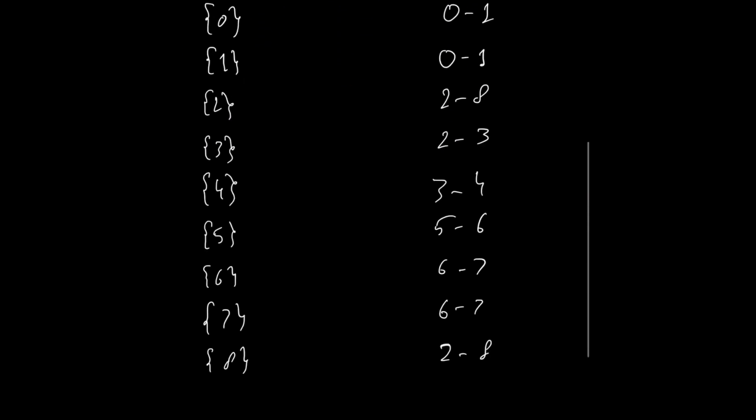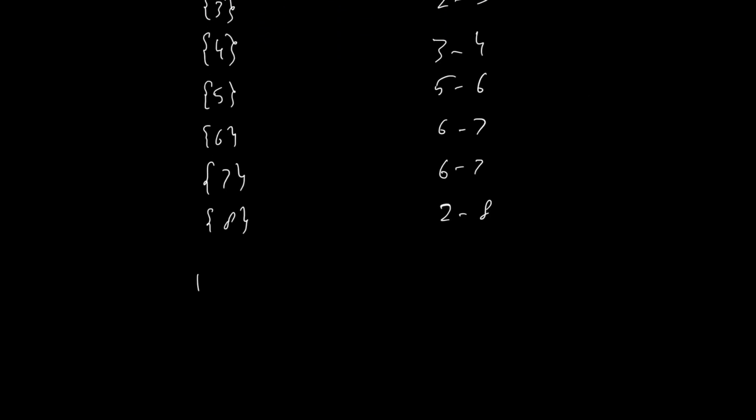After this, we will get our MST, which was previously empty, as a set of 0 to 1, 2 to 8, 2 to 3, 3 to 4, 5 to 6, and 6 to 7. Now after what we did before, the components will also become sets.